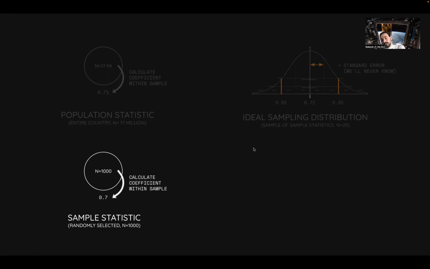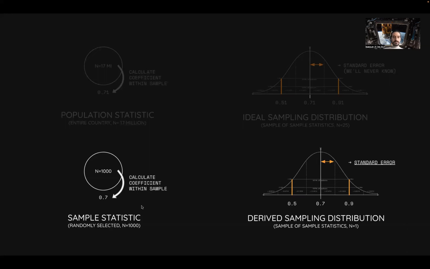Then we'd have our ideal sampling distribution, where ideally we would repeat this procedure 25 times, and eventually we would get to a normal distribution. We would be able to find a pretty accurate representation of this population statistic, of the actual R coefficient. But usually what we do with SPSS is we just start off with this number 0.7, which could be any number in the population, which we know here, because we're in Jesus mode, is 0.71.